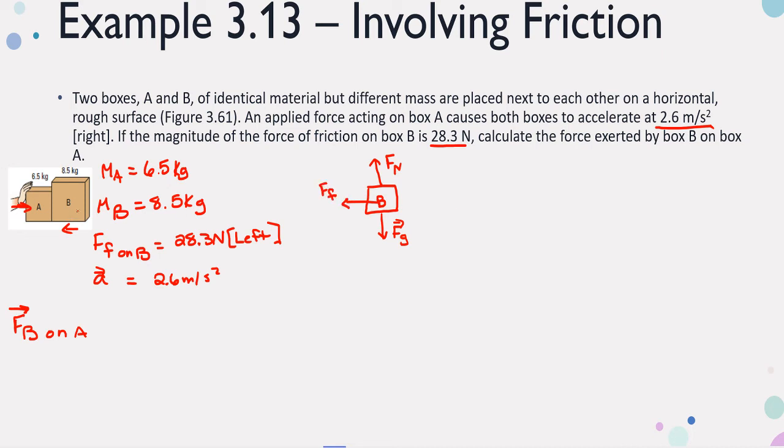And then we're also having this force of A on B. So we got a pretty hefty amount of stuff happening here. Same thing as before. It's not accelerating up or down. So no vertical calculations.